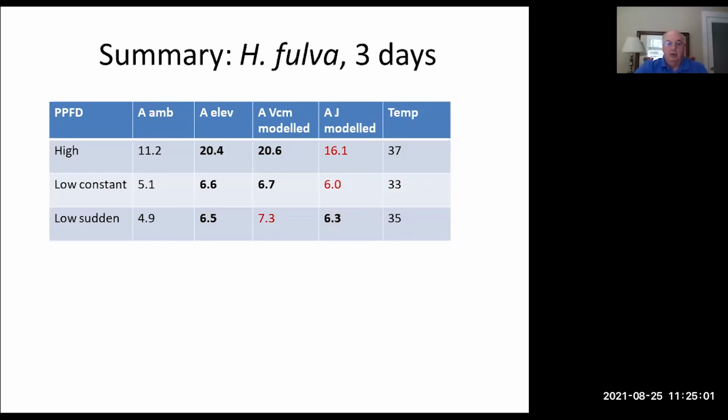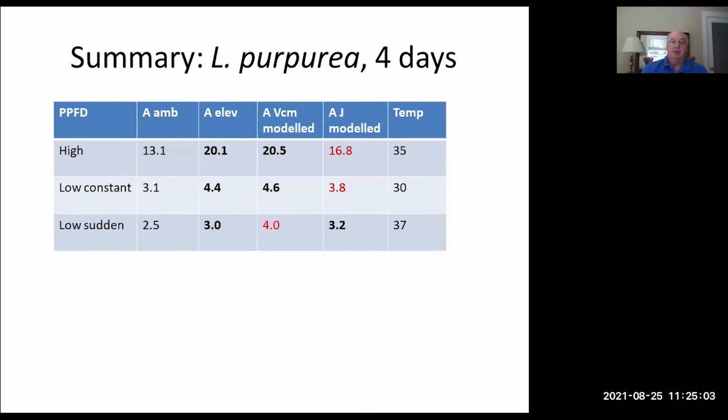And moving on now to the third species, which is Labia. Again, we get exactly the same pattern. The assimilation rates at high constant PPFD are best modeled by assuming Vcmax is limiting, not surprising. But again, at low but constant early morning, late afternoon, photosynthesis still is stimulated, not as much, relatively speaking.